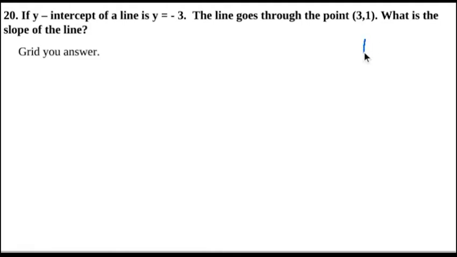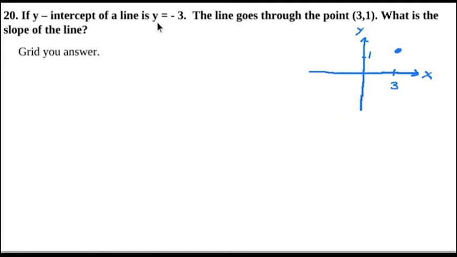So we're going to look at the two coordinates. All you need to do is a tiny sketch in the corner so that you can have an idea of what's going on. So (3, 1) would look like this, out 3 in the x direction and up 1 in the y direction. Alright, so that's over here, and that would be the point.